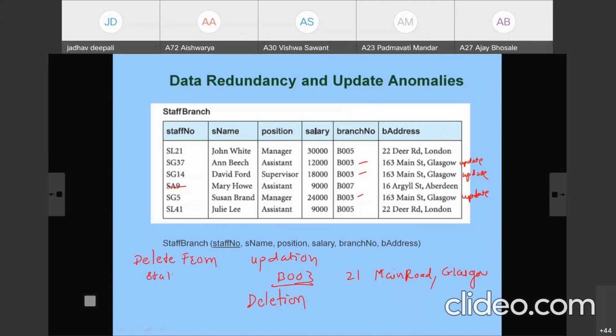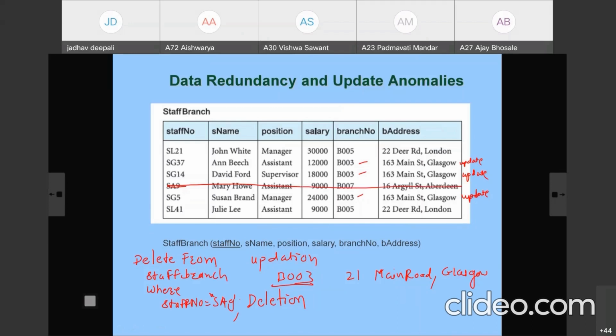What happens in this case? When I execute this query, the entire tuple gets deleted.